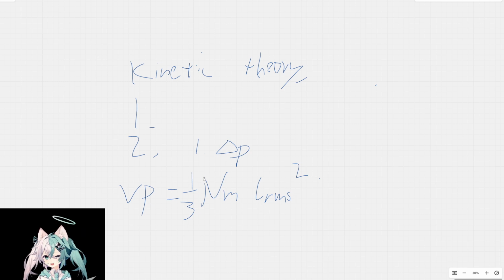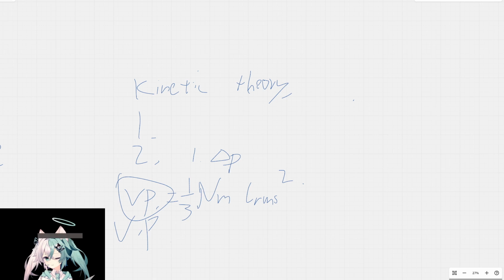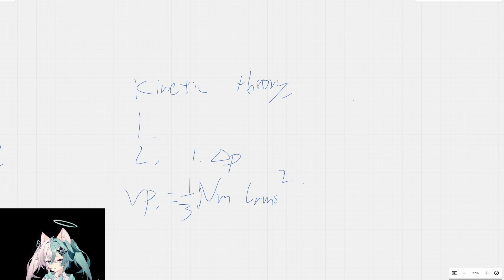Since we have a fixed mass, N and m are not going to change. And since the third is a constant, it's going to lead to an increase on the left hand side. So either volume should increase, or the pressure should increase, or they both increase, or one of them decreases and the other increases. This is the result that we can get based on the equations that we have.